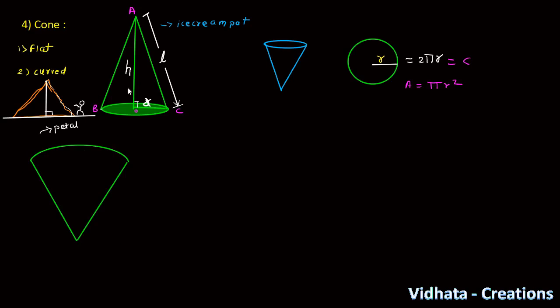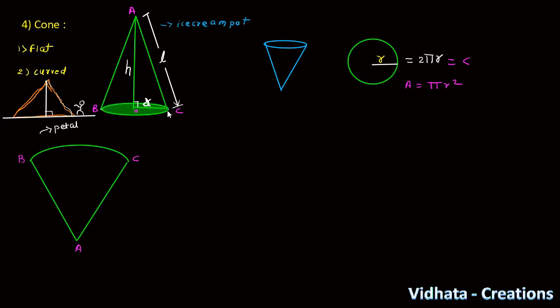Yes or not? Here we have considered the point A, so here we will take the point. This is point A, and I will call this point B and this point C. Okay, now see carefully.